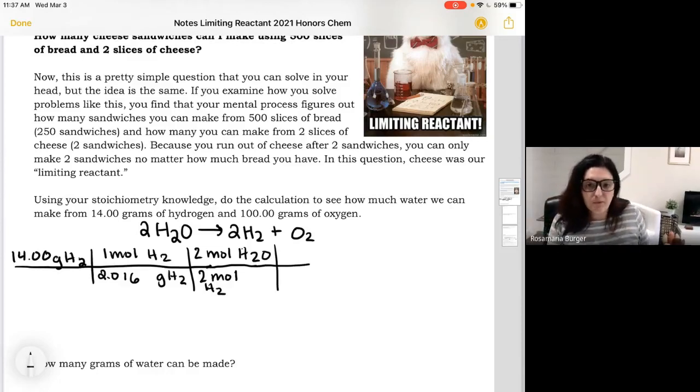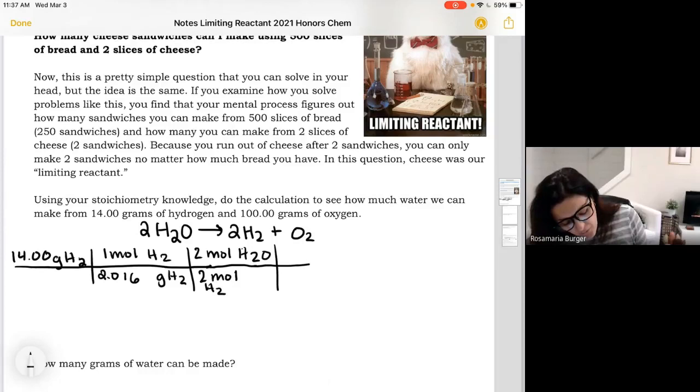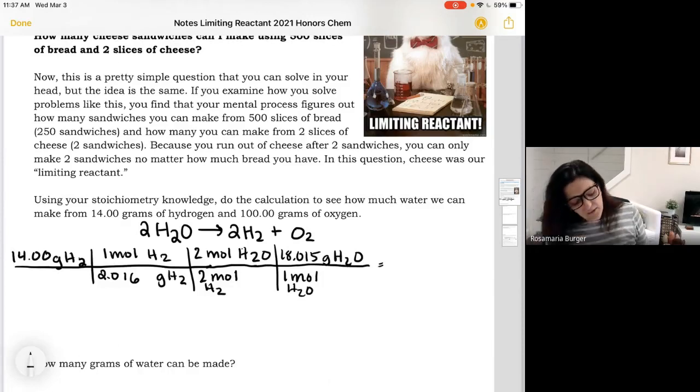Now we're at moles of H2O. So for every 1 mole of H2O, we get 18.015 grams of H2O. Let's solve it out and put it in our calculators. My answer is going to be limited to 4 sig figs.